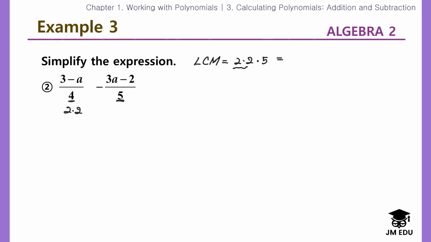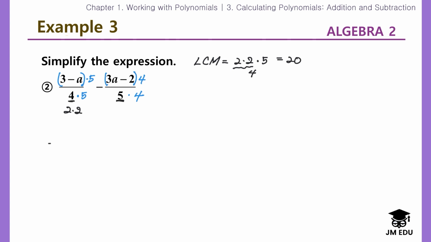So that's 4 times 5. That's 20, right? So we're going to have to multiply by 5 here to make this denominator 20, times 5 here, and multiply by 4 to make this 5 into 20. So multiply all of this by 4, right?